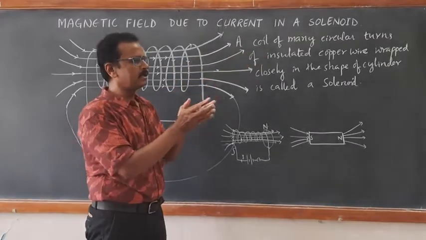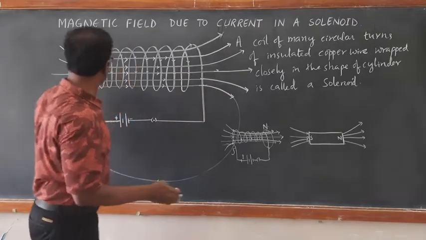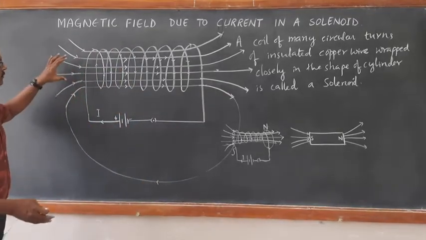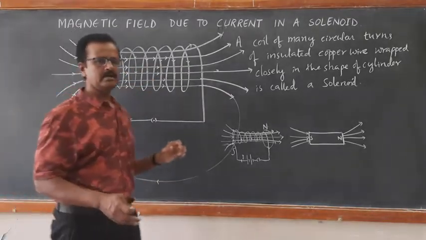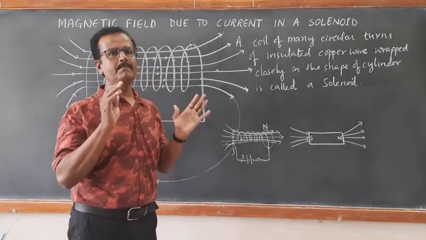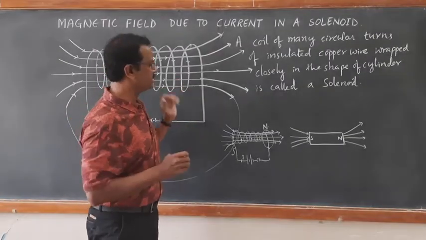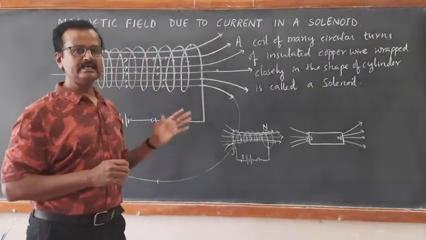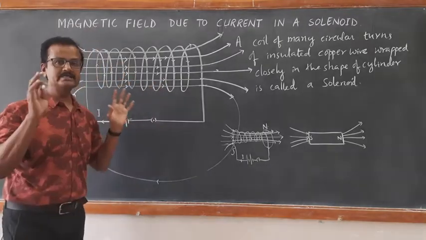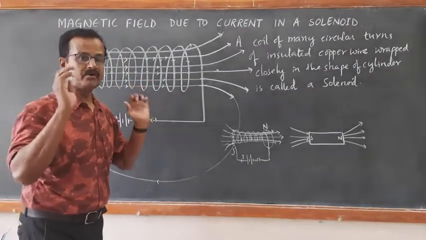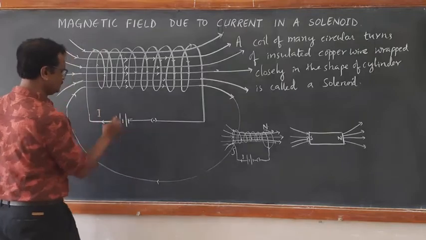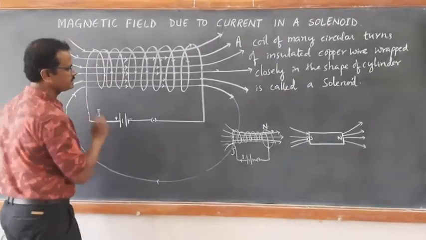They are getting diverged here, and converged there. But inside the solenoid, the magnetic field lines are parallel to each other. This implies the magnetic field inside the solenoid is constant and uniform.